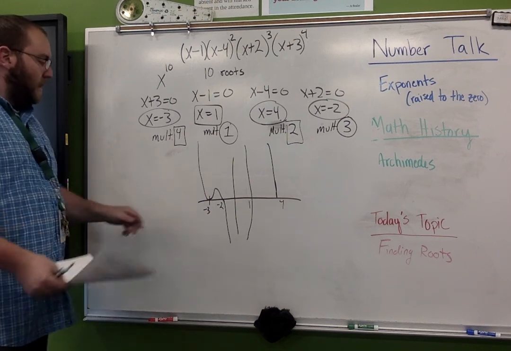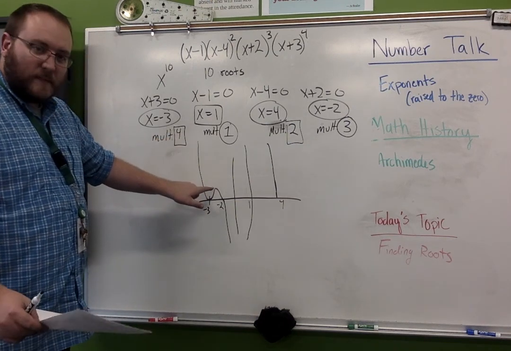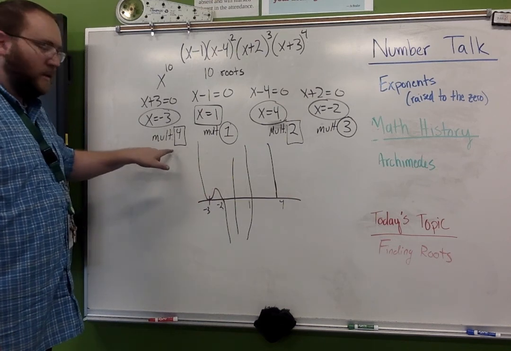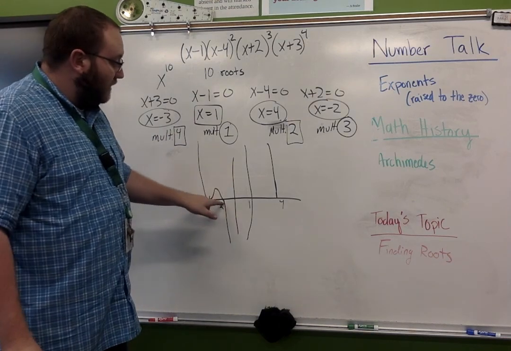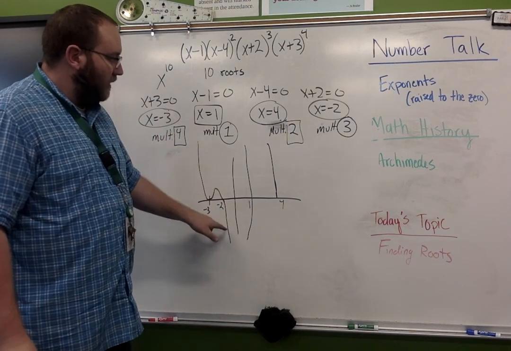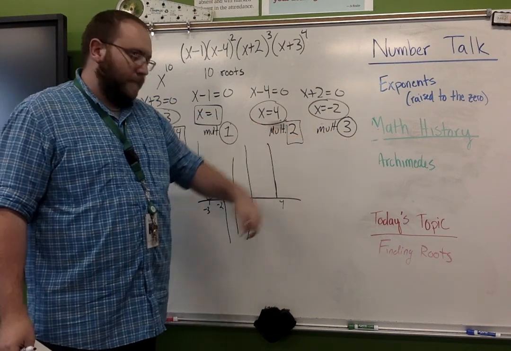So notice at negative 3, the graph comes down, touches, and then bounces back up because the multiplicity is an even number, it's 4. At negative 2, the graph crosses, right? It goes from positive to negative because it's an odd multiplicity, multiplicity 3.